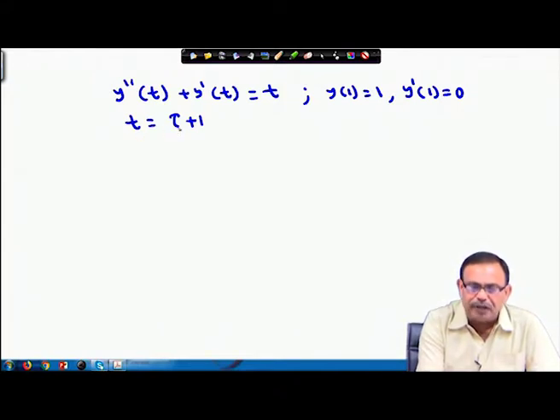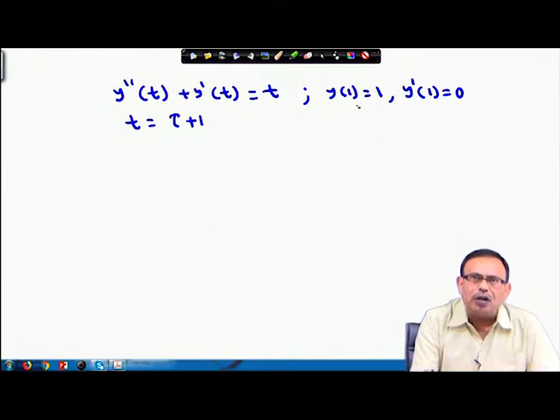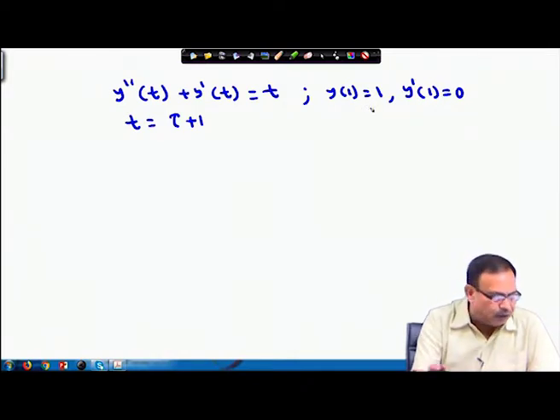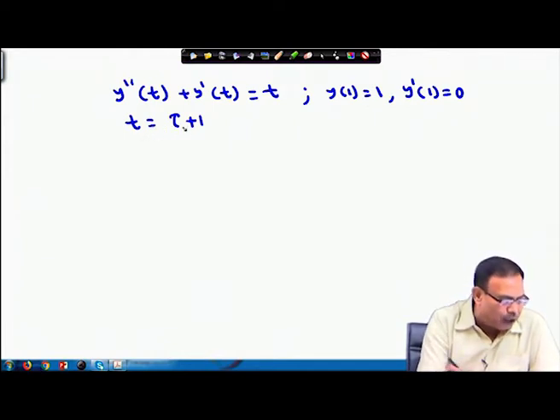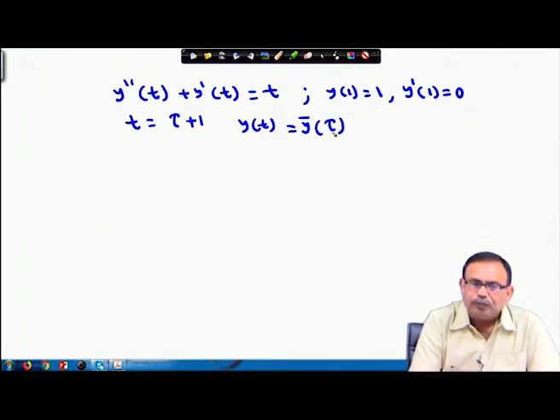Once I get this, these conditions will also change, and we will obtain the conditions at tau equals 0, not at t equals 1. So, whenever I take t equals tau plus 1 and y(t) equals a new function y bar (tau), because y now will be a function of tau, I am mentioning it as y bar.